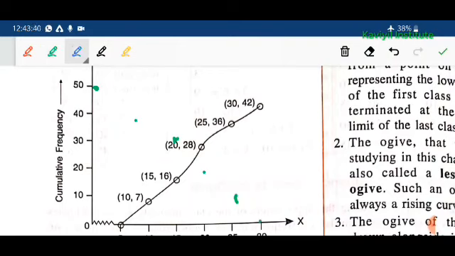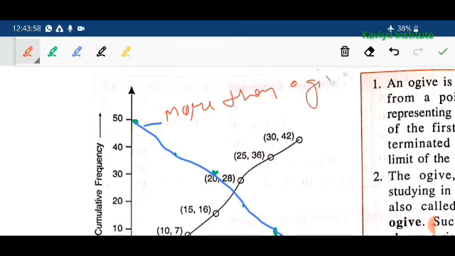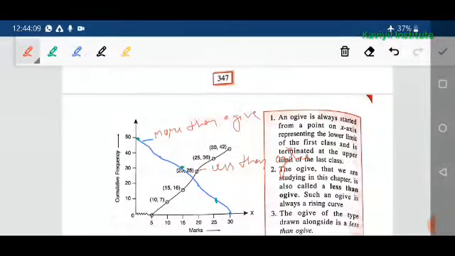So the curve will be coming in this manner. This is known as more than ogive, and this is known as less than ogive.